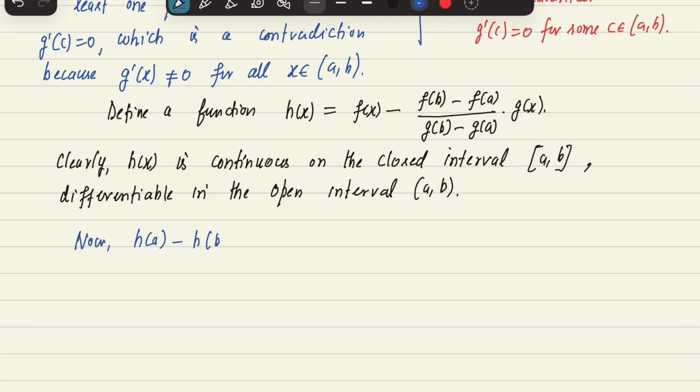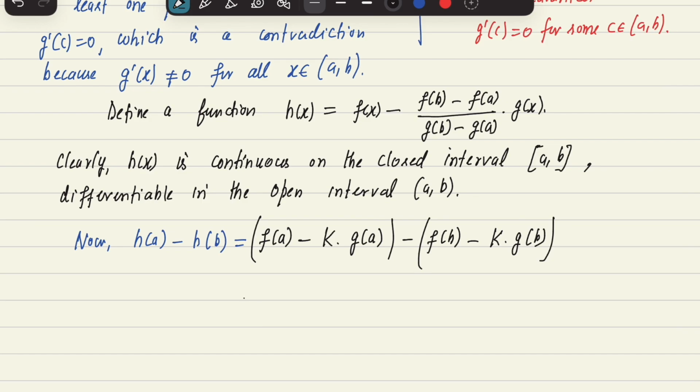This is equal to f of a minus k times g of a, minus f of b minus k times g of b, where we have simplified our notation, where this number k is equal to f of b minus f of a divided by g of b minus g of a.